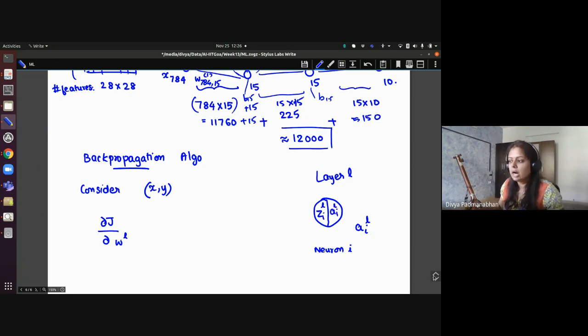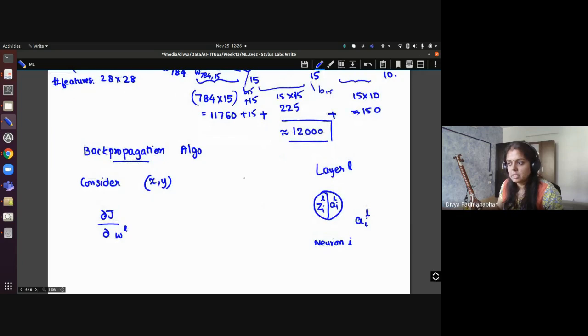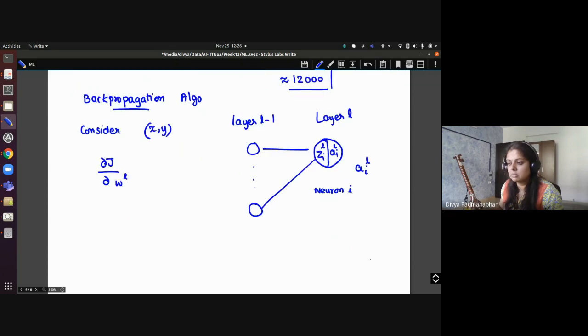Okay. Now, how was Z_i^L computed? So it depended on layer L minus 1. And there were several units in layer L minus 1. Let me call this neuron j in layer L minus 1. So here there was an A_j^(L-1), so A_1^(L-1) all the way up till N_(L-1) neurons here.